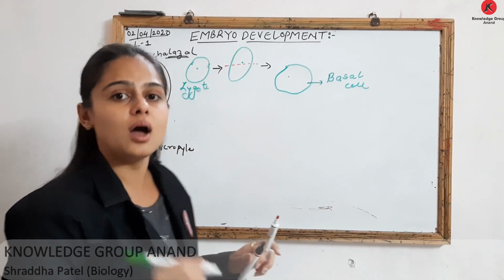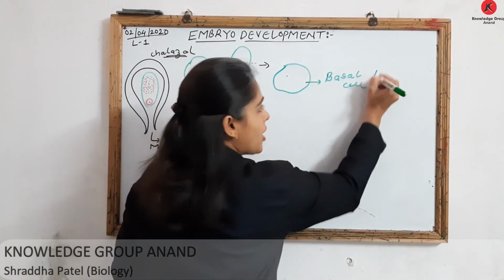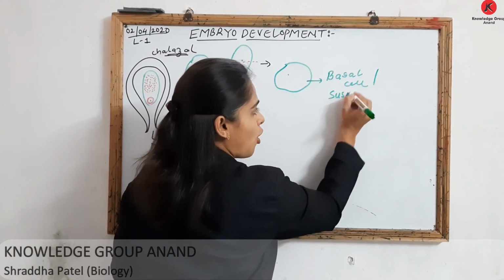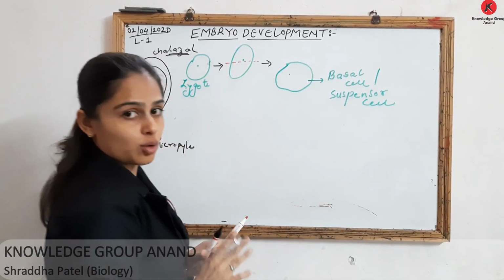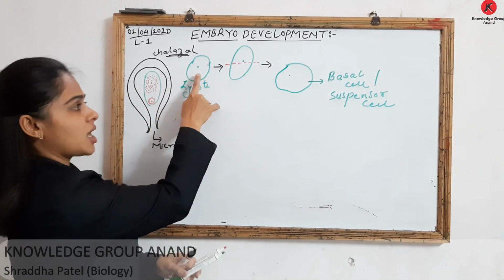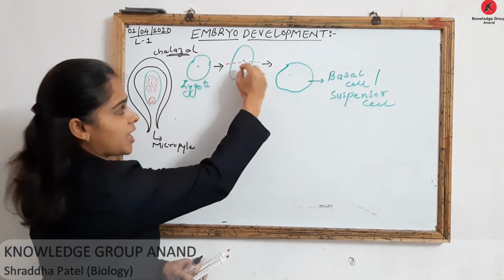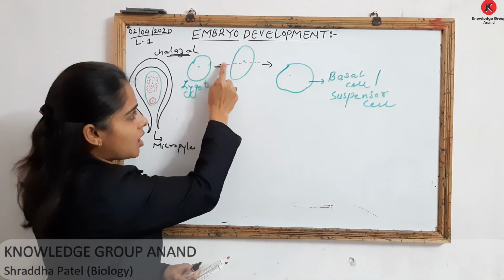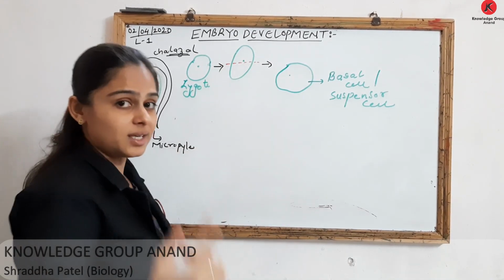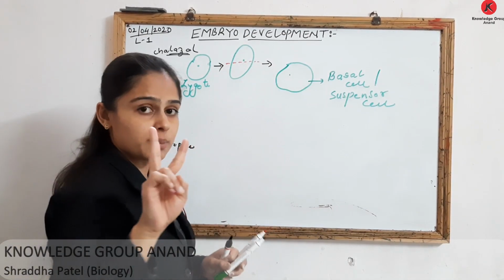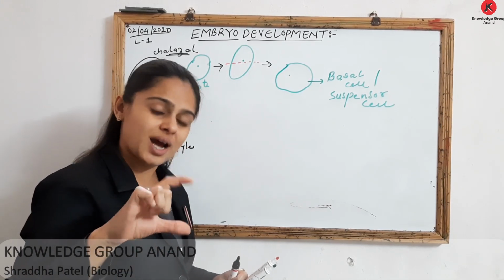What did I call it? Basal cell, or it is also called the suspensor cell. Okay, I have taken this zygote and placed it here.